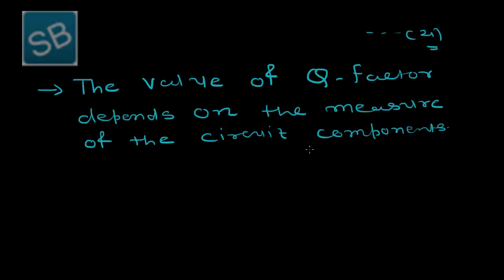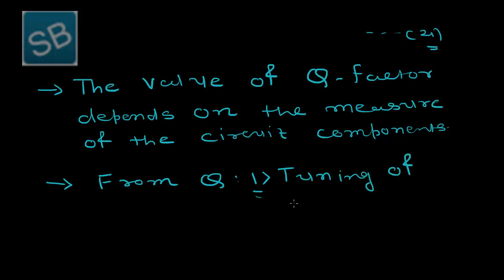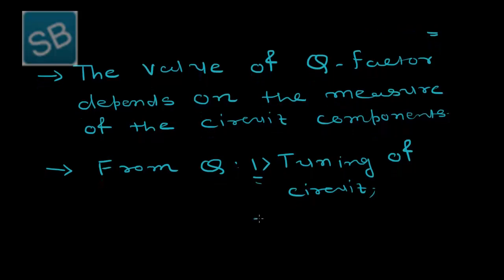And from this value of Q factor, we can now study how the tuning of the circuit is done and how you can check the selectivity. So from the value of Q, two conditions we can now check: the tuning of the circuit and the selectivity of the components of that circuit. Suppose you are using the resonance circuit.